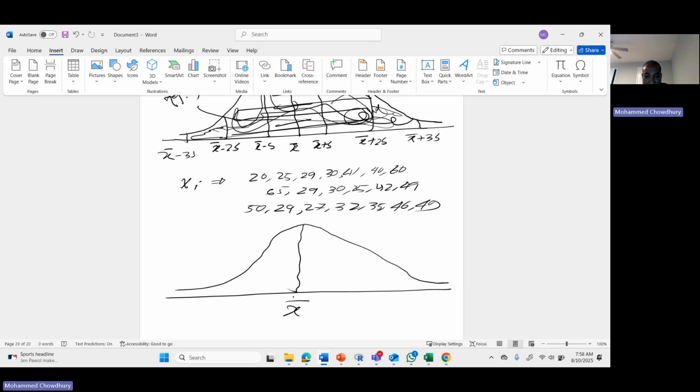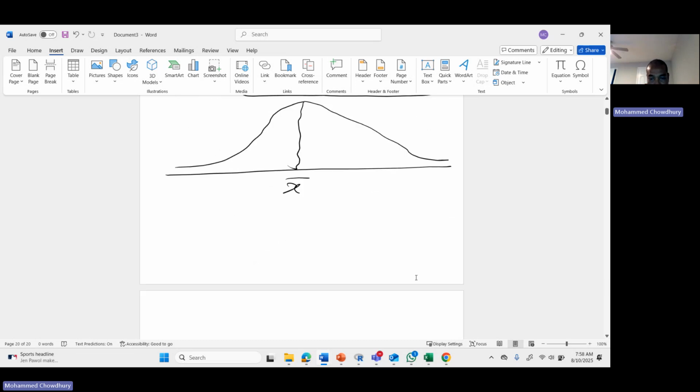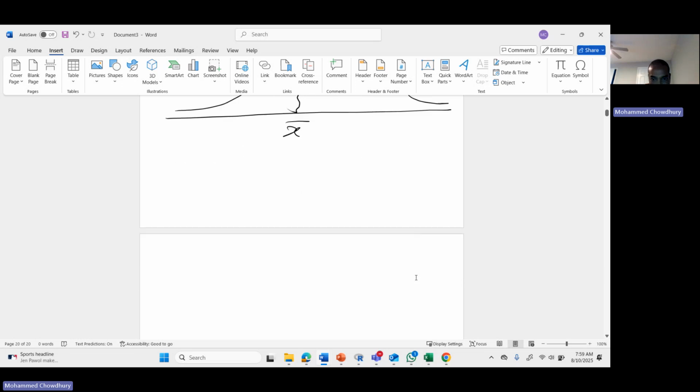So this is the distribution of this x, and here is the x bar, the mean of this data. In such cases, if they follow normal distributions, then the empirical rule applies: within one standard deviation, 68%, within two standard deviations, 95%, within three standard deviations, 99.7%. Okay.